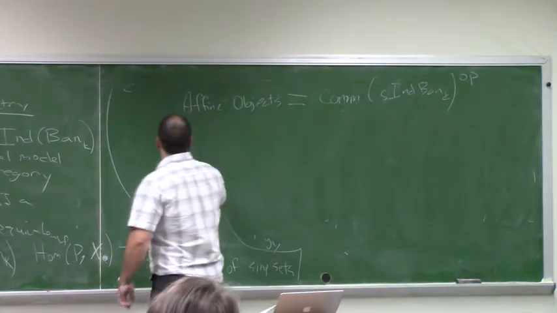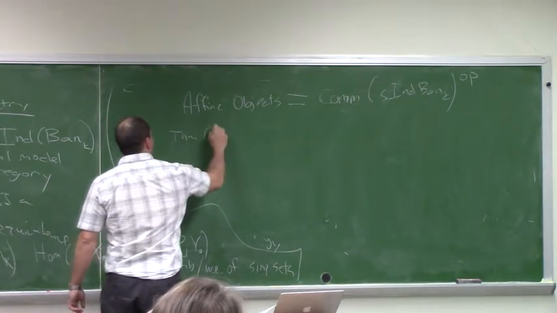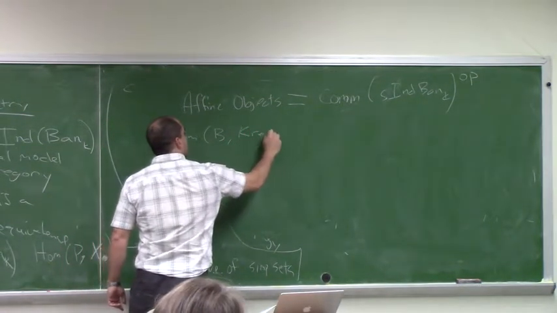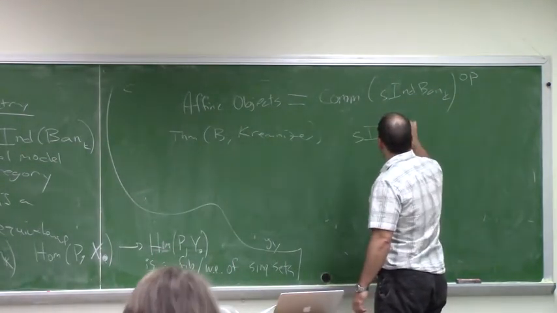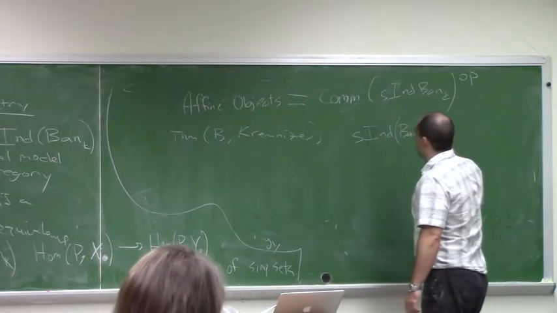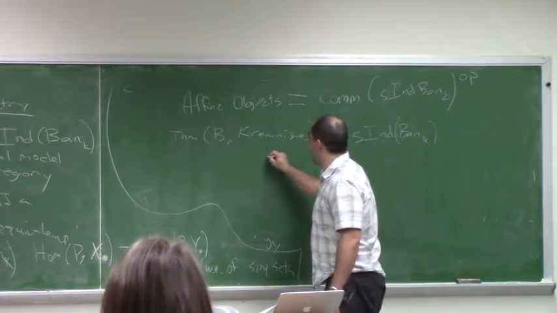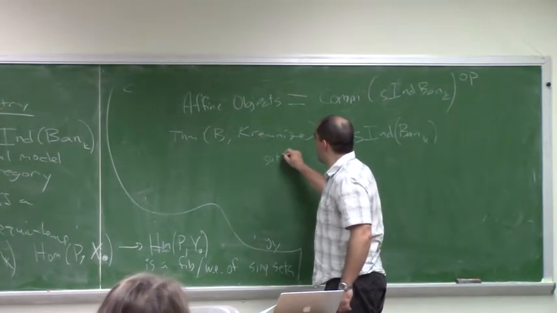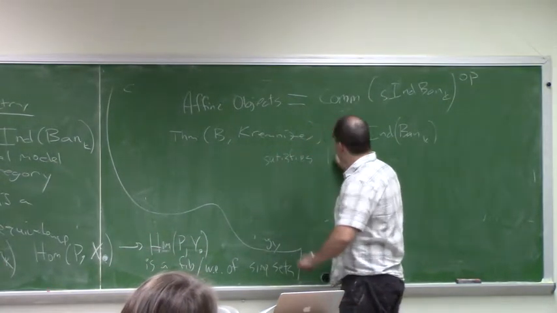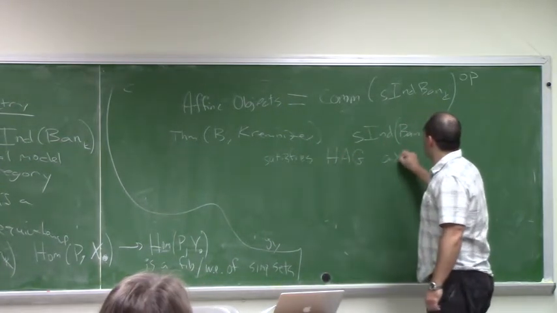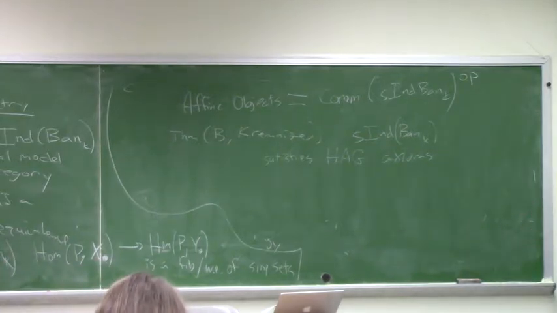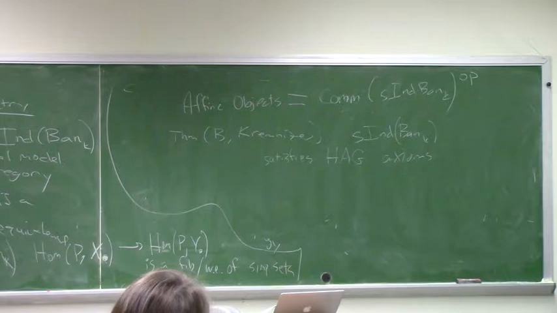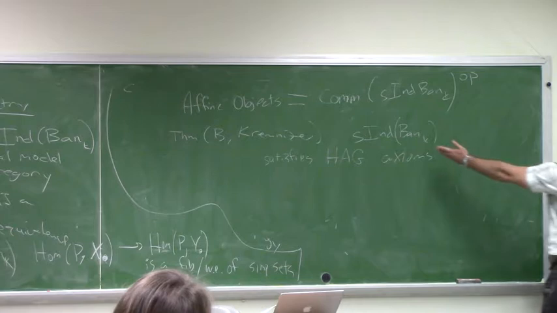And so let me say, first of all, theorem: that simplicial bornological spaces over K satisfies the axioms of HAG, of Toën and Vezzosi. It means that you can do algebraic geometry with respect to it, and it turns out that you get, as I've explained, analytic geometry out of doing this relative algebraic geometry.